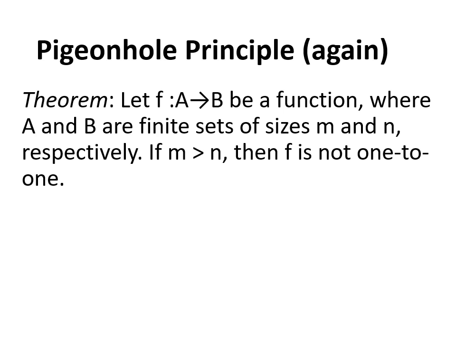We can sketch a quick proof of one of these properties. So let f that maps A to B be a function where A and B are finite sets of sizes m and n respectively. And then we're doing a contrapositive of one of the claims on the previous slide. So if m is greater than n, then f is not one-to-one. We can easily see this from the pigeonhole principle.